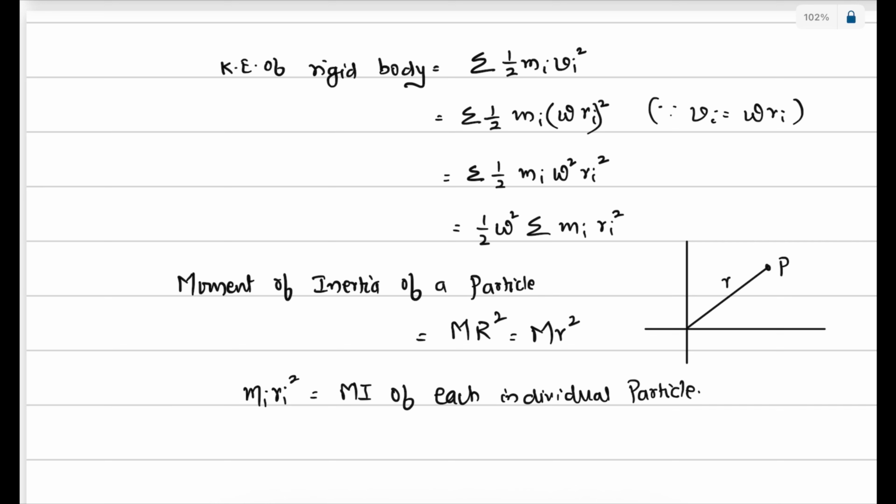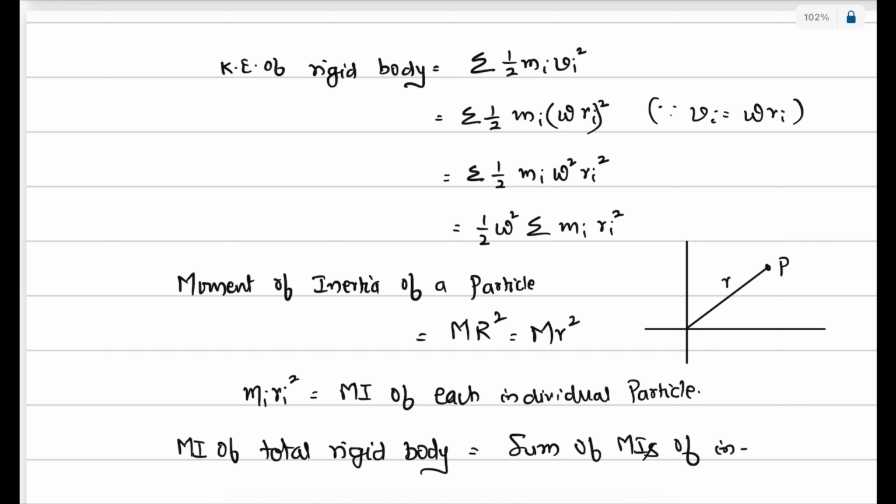But the moment of inertia of the total rigid body is equal to the sum of the moments of inertia of the individual particles.